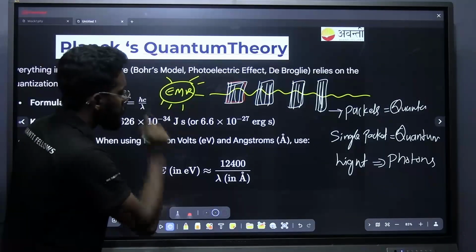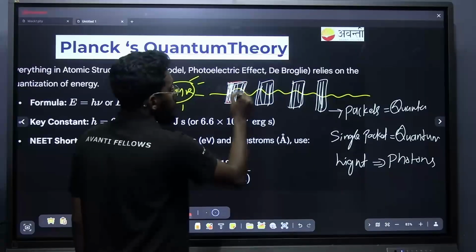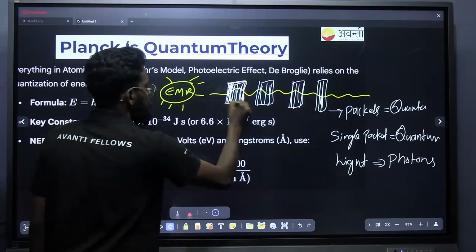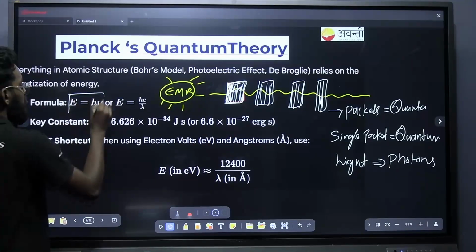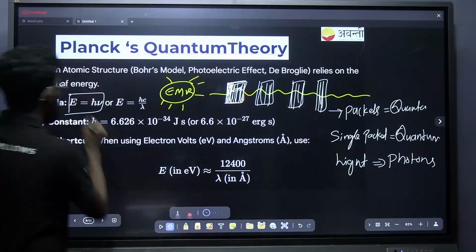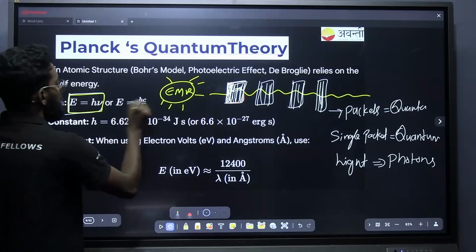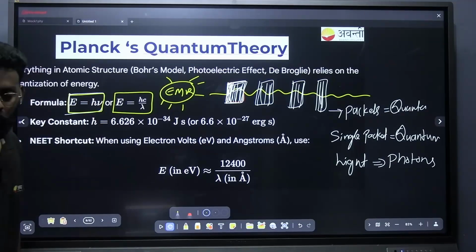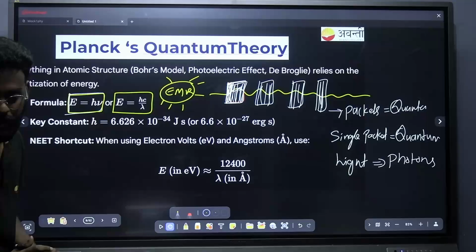And the thing is that the energy of each packet is fixed. If I am taking a single packet, its energy is E is equal to h nu, or E is equal to hc by lambda on expanding the frequency. Okay, this is Planck's quantum theory, that is quantization of energy.